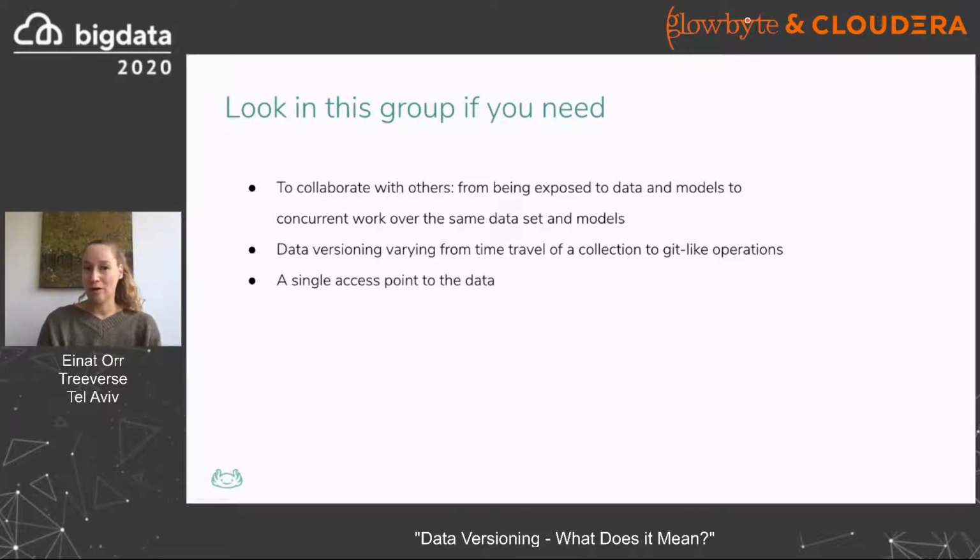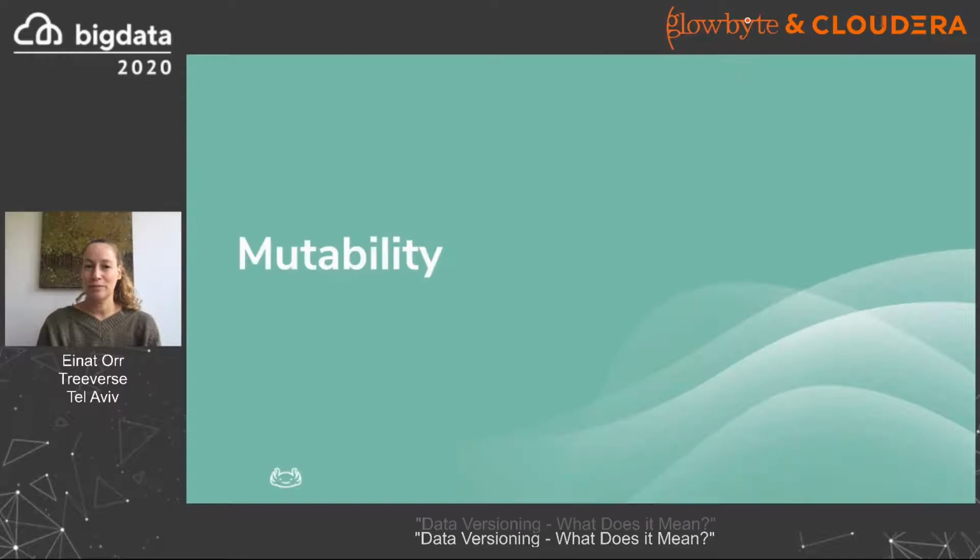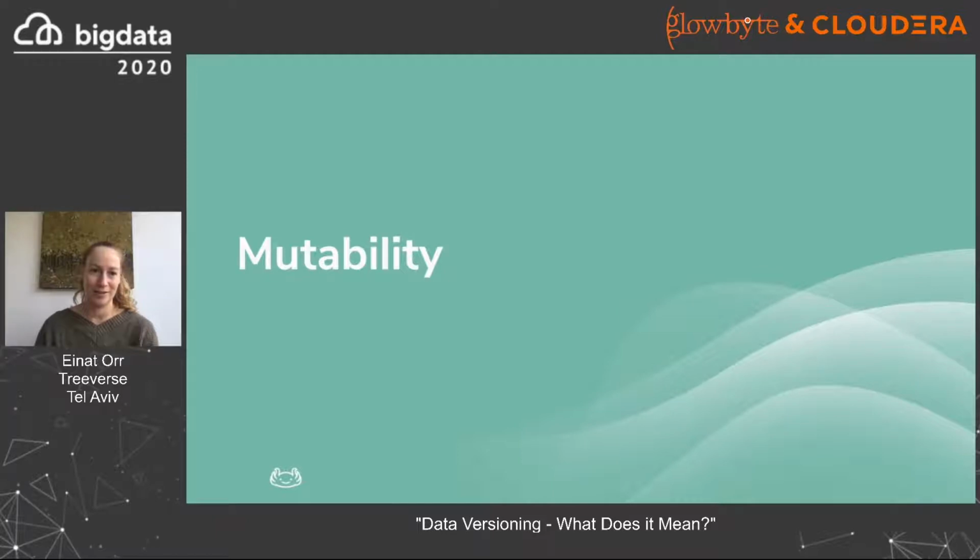Okay, so now we are going to do a quantum leap and leave the world of MLOps. So data scientists aside, we have trouble collaborating and managing data and versioning of data, even if we simply need an ETL or just a join of a few data sets that are being updated frequently. And usually when we manage this data, we manage it in an immutable world because we are using object storages.